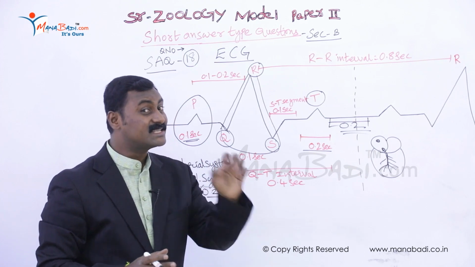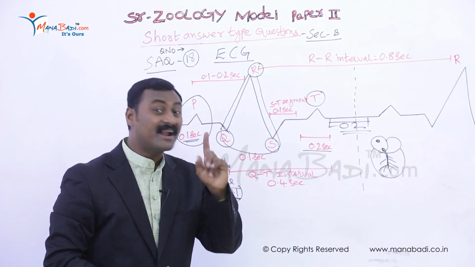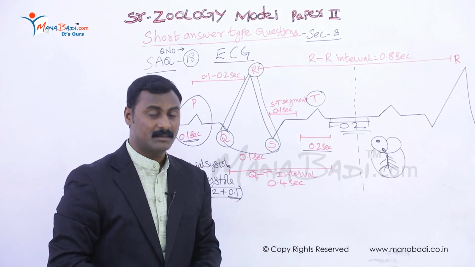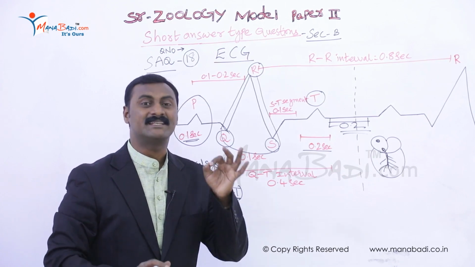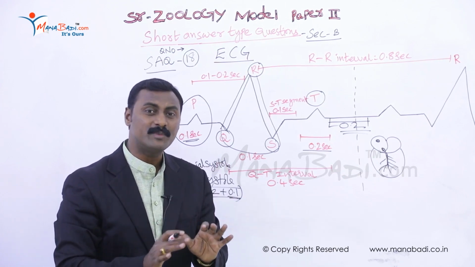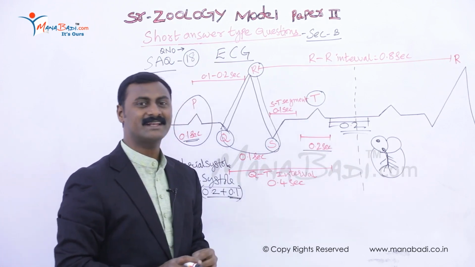Why? Because the SA node is able to generate 100 action potentials, especially 100 heartbeats per minute. But during normal conditions, it is able to produce only 72 beats. Why? Because for 0.2 seconds of time it is taking rest.